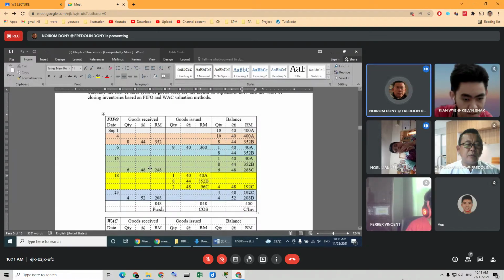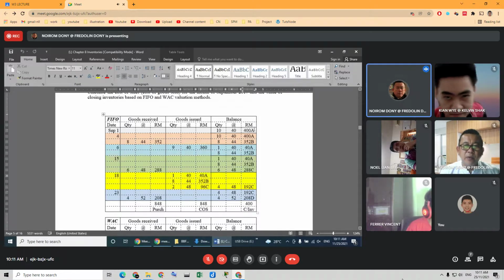Is that what you're asking? The ABC, no need to write in the stock card. This one is for your reference, actually, for easy reference. Like, where does this 400 come from? Coming from the previous day, that is on the first.